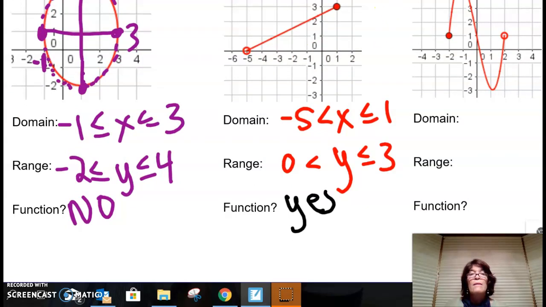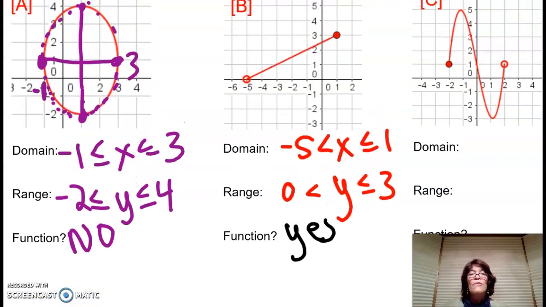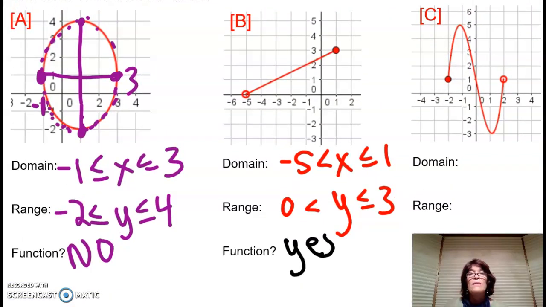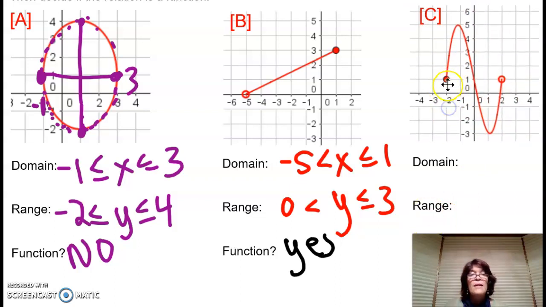So a vertical line is not going to hit it more than once. Any vertical line I drop. The domain looks like the smallest x is -2 and then up to 2. I put less than or equal to here because that's closed. -2 is included, but the open circle at 2 is not included, so I don't put the equal to.